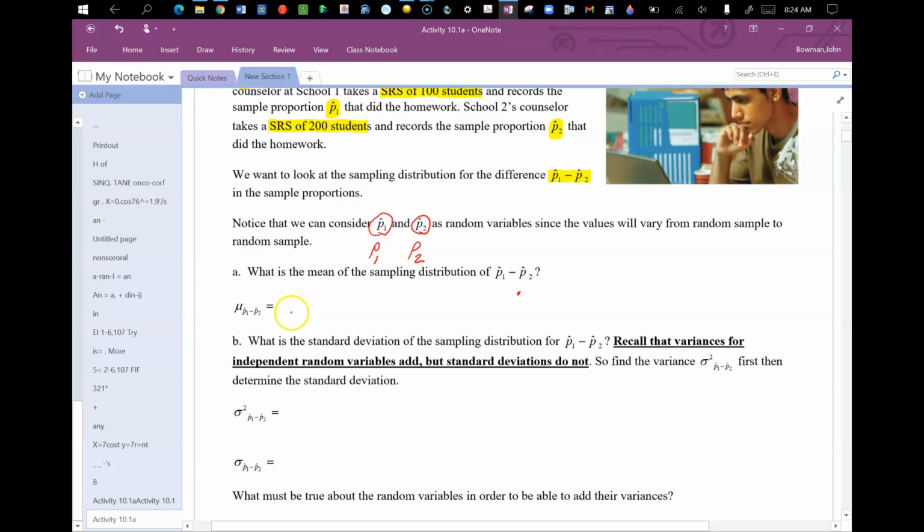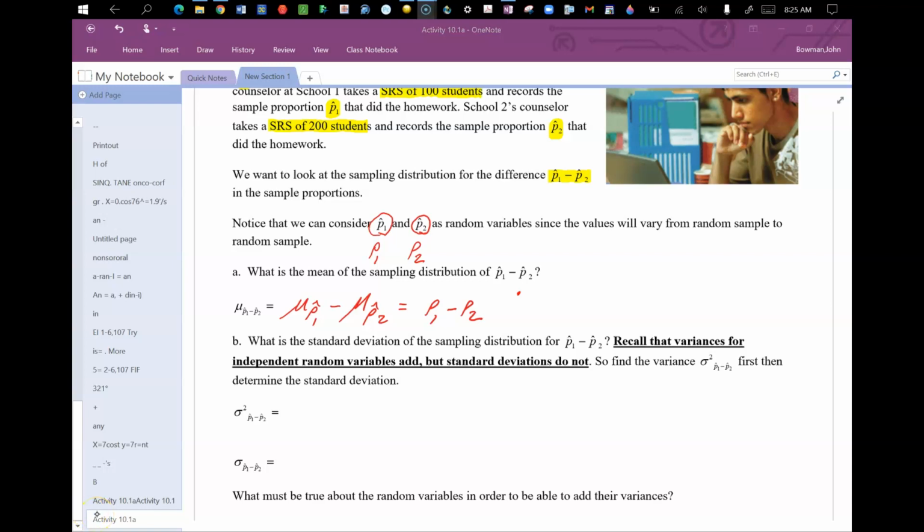In other words, the mean of this new sampling distribution, P1 hat minus P2 hat, is equal to the mean of the P1 hat sampling distribution minus the mean of the P2 hat sampling distribution, which is equal to population proportion 1 minus population proportion 2, which tells us that the difference of sample proportions is an unbiased estimator of the true difference of population proportions.